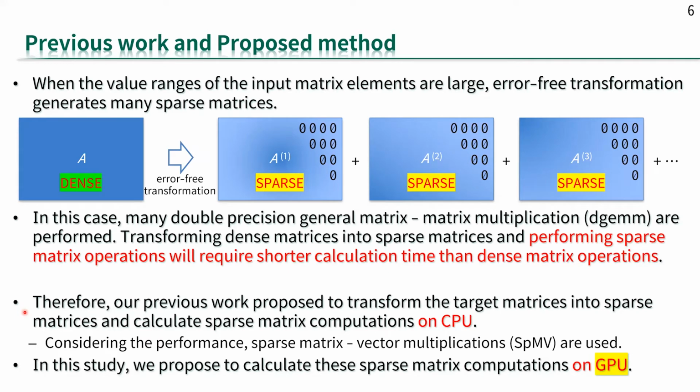Therefore, our previous work proposed to transform the target matrices into sparse matrices and calculate sparse matrix computations on CPU. Because many matrix computation libraries don't provide fast sparse matrix multiplication implementations, multiple sparse matrix vector multiplications are used for computing sparse matrix multiplications. In this study, we propose to calculate these sparse matrix computations on GPU.